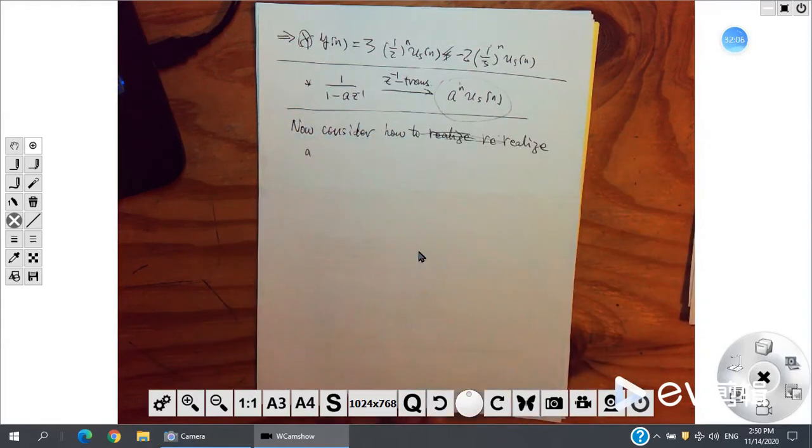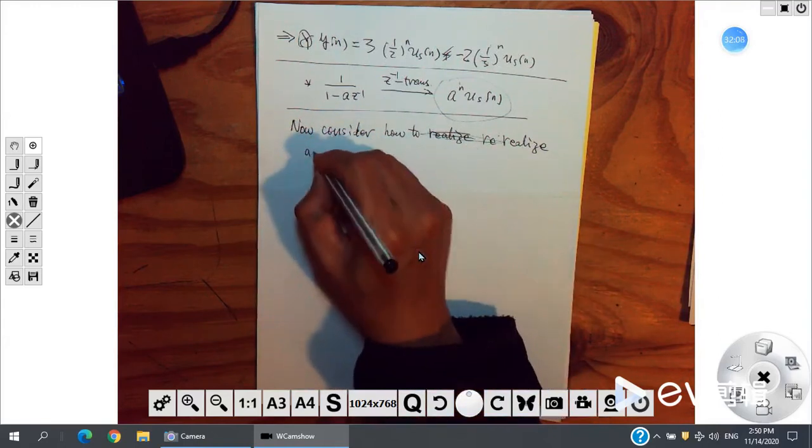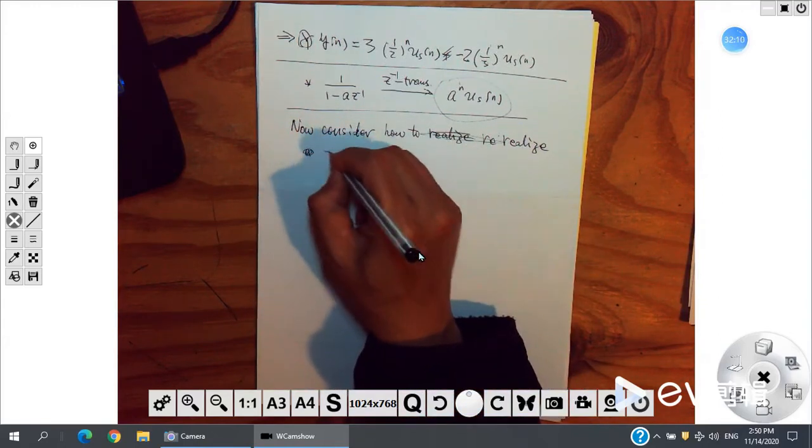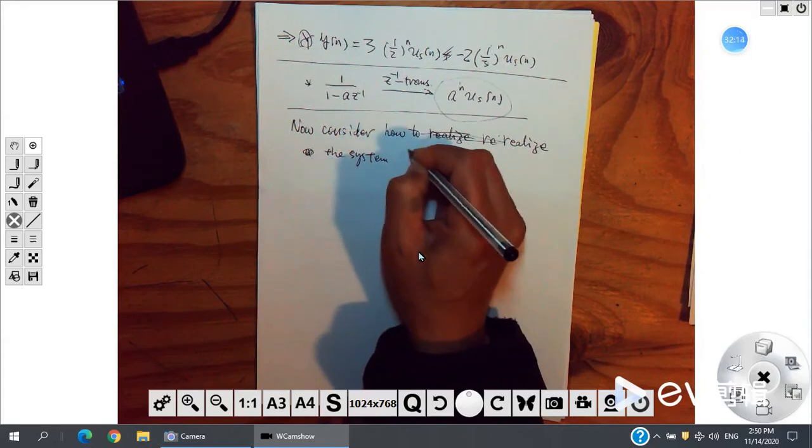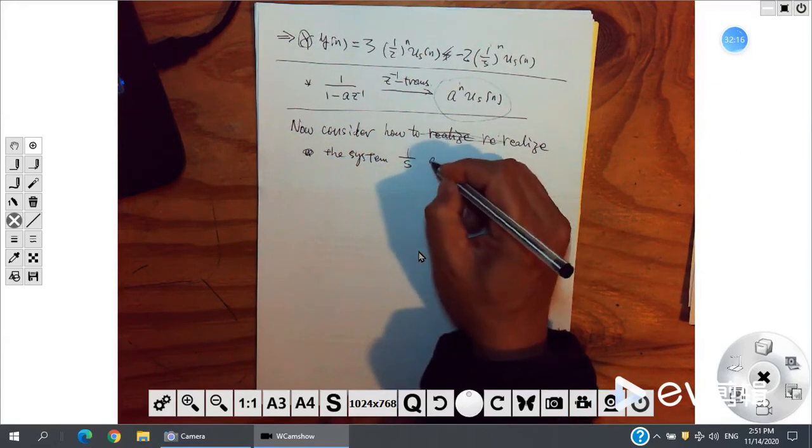Which system? We start from the simplest one. Realize the system 1 over S by a digital way.